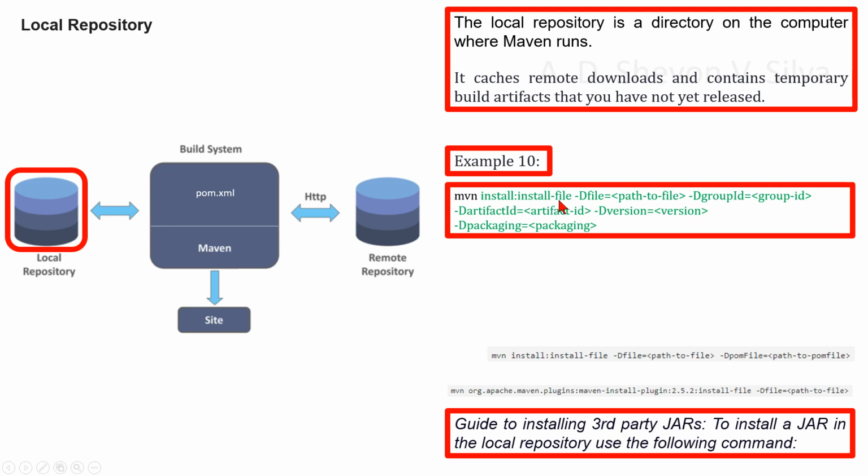To install a jar in the local repository, use the following command. If there is a POM file as well, you can install it with the following command. With version 2.5 of the Maven install plugin, it can get even simpler.